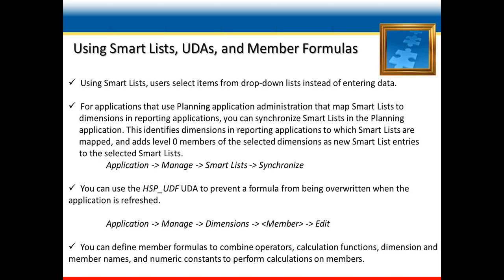For applications that use planning application administration that map smart lists to dimensions in reporting applications, you can synchronize smart lists in the planning application. We have the feature of synchronizing smart lists through planning administration, and this identifies dimensions in the reporting application to which smart lists are mapped and adds level 0 members of the selected dimension as new smart list entries to the selected smart list.